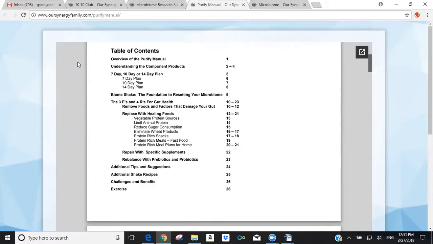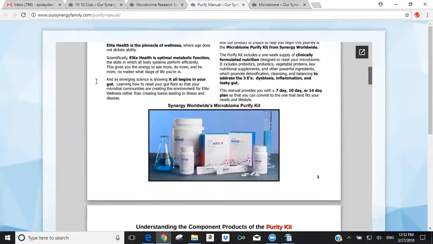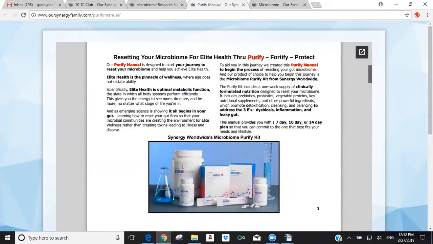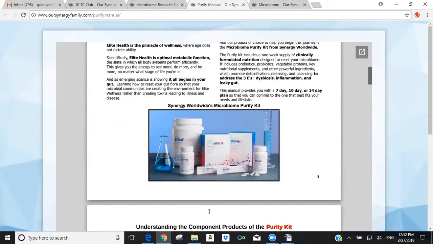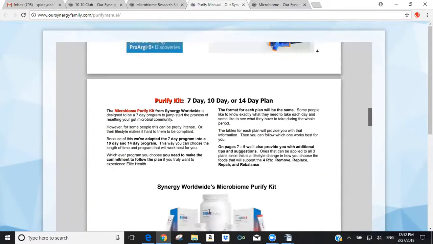Replace breakfast, lunch, or dinner, and then be able to take the rest of the supplements and spread them out accordingly so that they end on the 14th day with all the supplements that are part of the Purify Kit. So this document, this ebook for the Purify Kit, provides that type of information so that they can take the Purify Kit and properly apply it into a 7, 10, or 14-day plan.